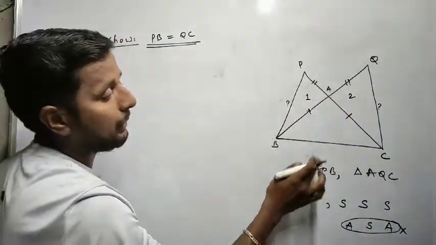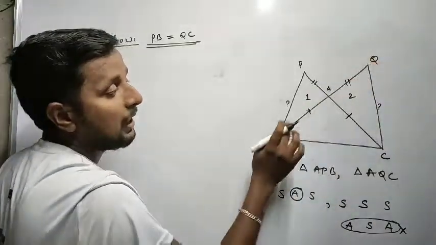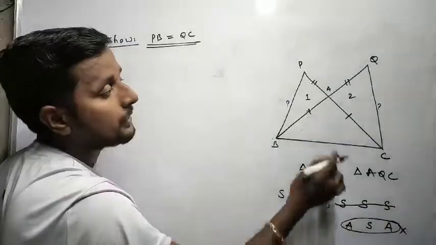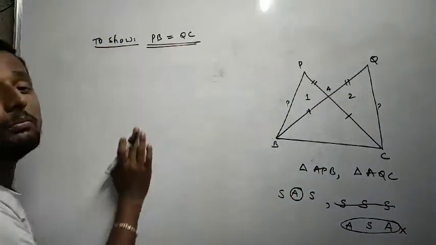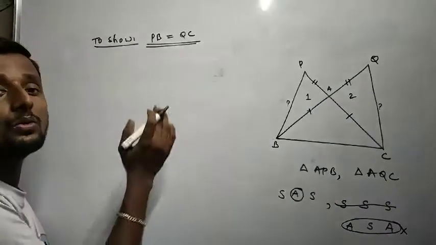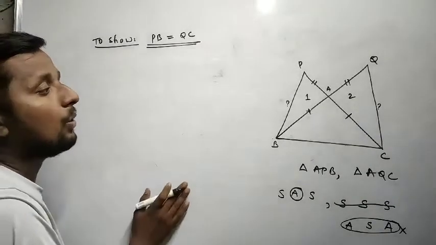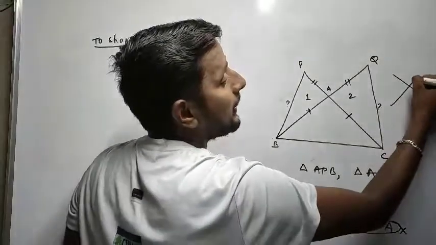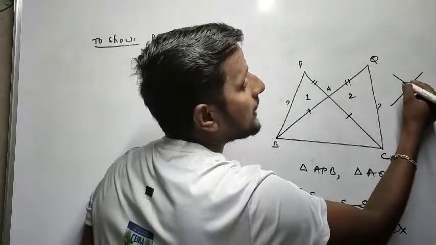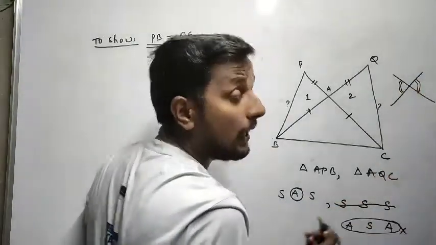Triangle APB and triangle AQC, correct? We can't apply the triple S rule because we know only two sides, and the third side we have to show is equal. We have to show it. Now one logic I can say: when two lines intersect at a point, the two lines make a pair of angles, and those pair of angles are equal.